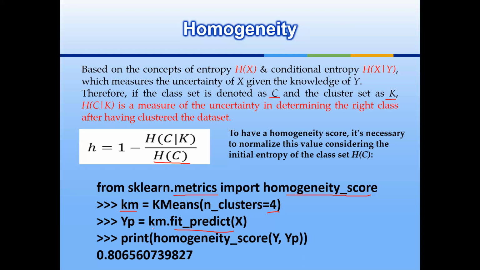Here we display the homogeneity score by calling the homogeneity_score function. The parameters we pass are capital Y, the actual label in the training data set, and YP, the predicted label.